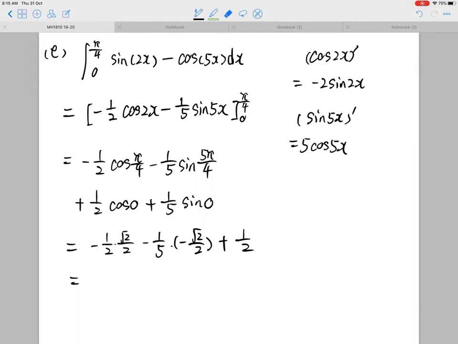Sorry, here is a typo. It should be pi over 2. So cosine pi over 2 is 0. So the answer should be just half plus square root of 2 over 10.